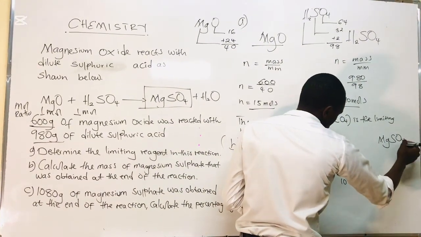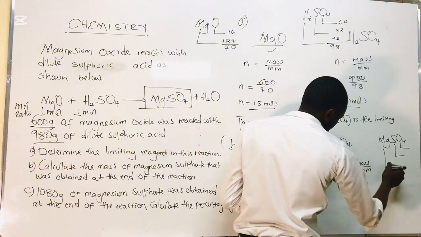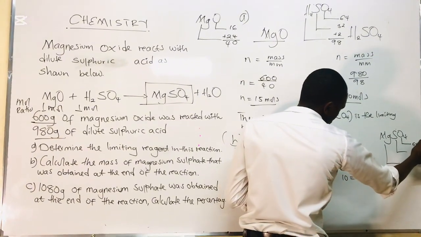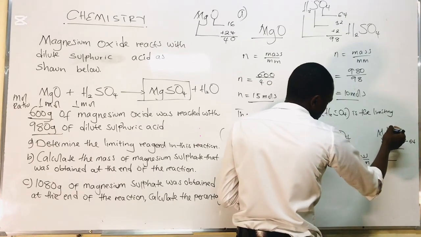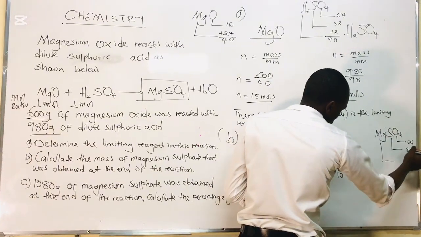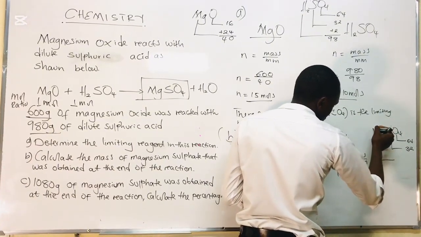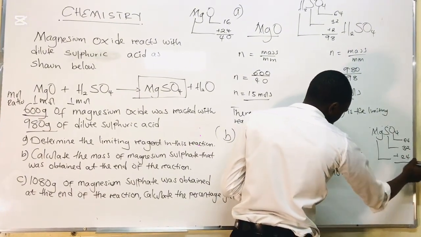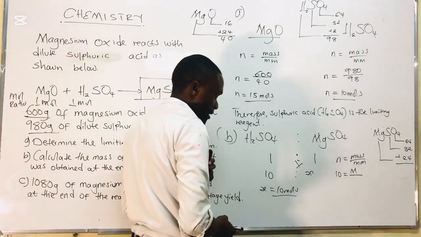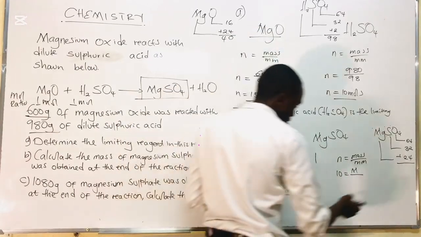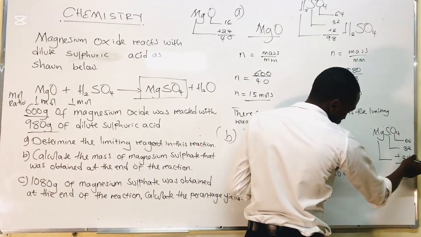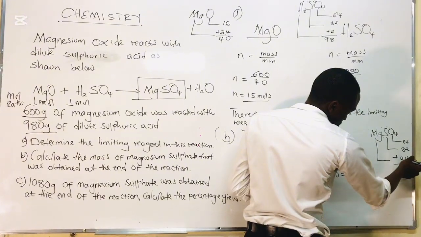We do this. We drop this there, we drop this there, we drop this. Oxygen, there is 16. 16 multiplied by 4, you get 64. Sulfur, there is 32. Multiplied by 1, you get 32. Magnesium, there's 24. 24 times 1, you get 24. So when you add everything there, you are getting what? 4 plus 2, 6, plus 2 plus 4. 6 plus 4 gives us what? 10, right?